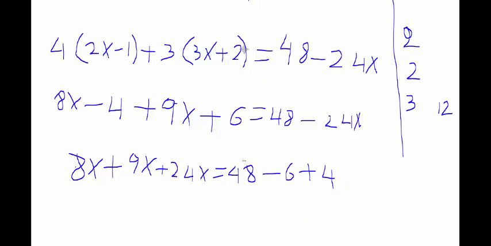And we do the addition here. 8x plus 9x plus 24x equals 41x. And that will be equal to 48 minus 6 is 42 plus 4 is 46.